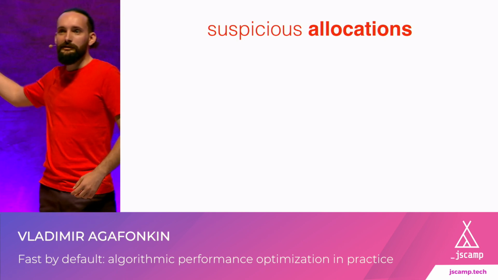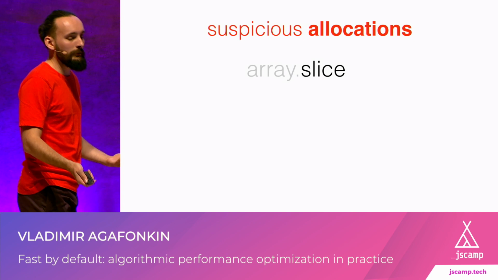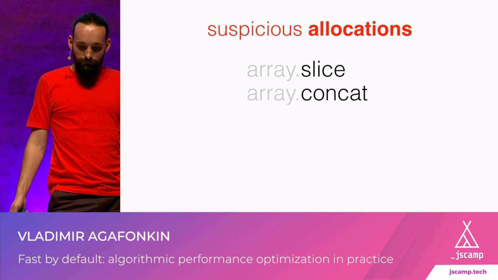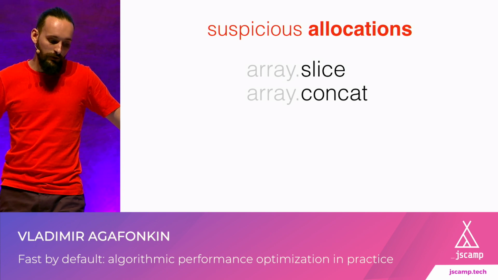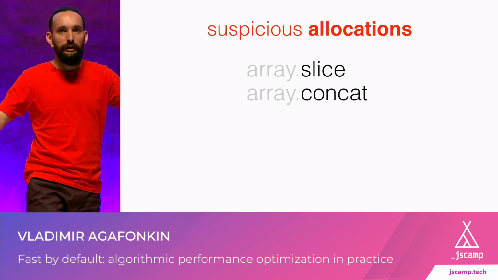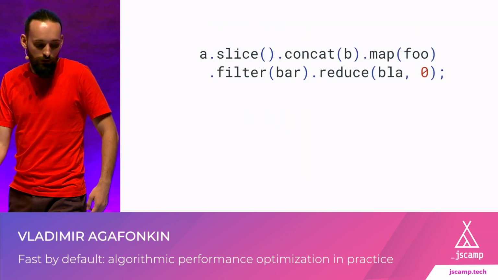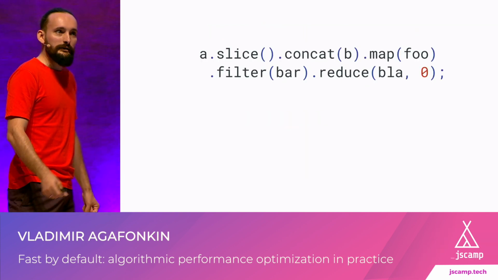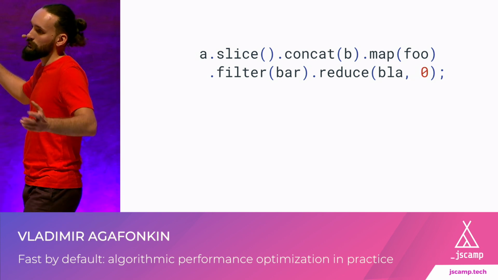And it's also really easy to fall into a trap here because many native browser methods allocate a lot of new memory. Things like slice, which copies the array in whole, concat, map, filter, split. And it's very popular today to write in this so-called functional style.